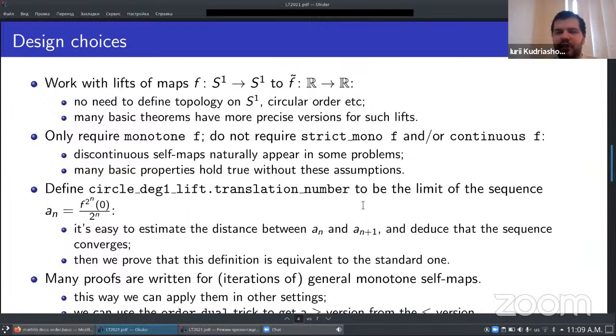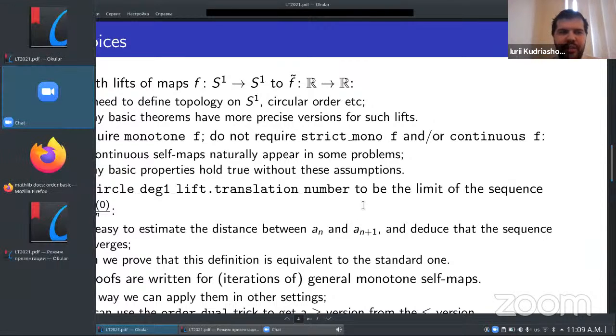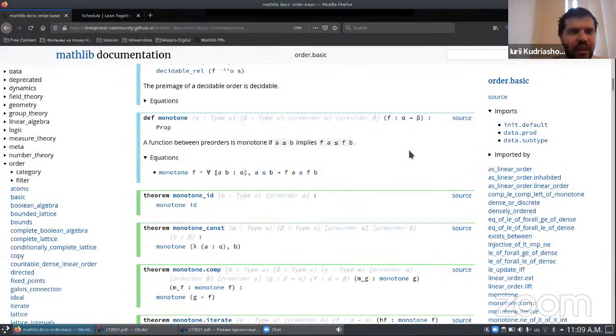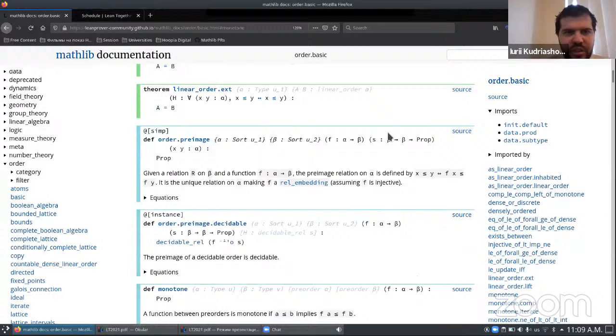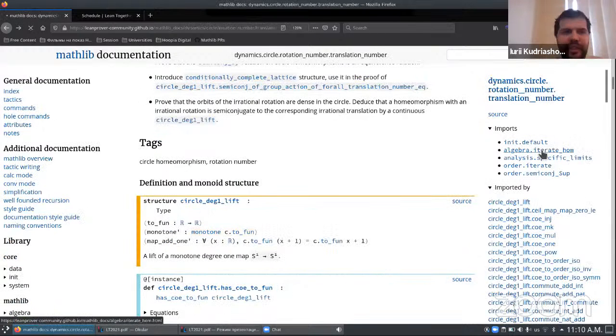For me, the main reason for this was to reuse lemmas about one type of inequality for the reversed inequalities. If you prove a lemma about maps from R to R, then you cannot deduce a lemma with the reversed inequalities.